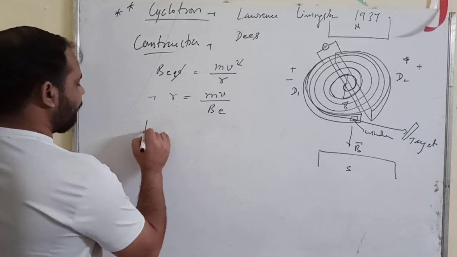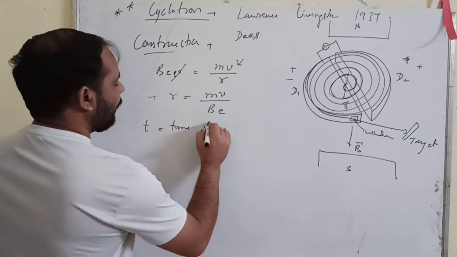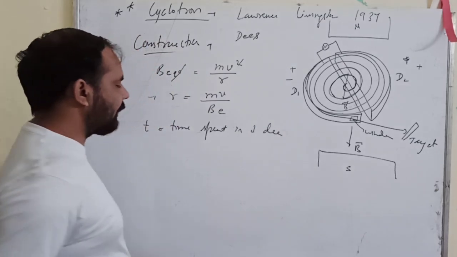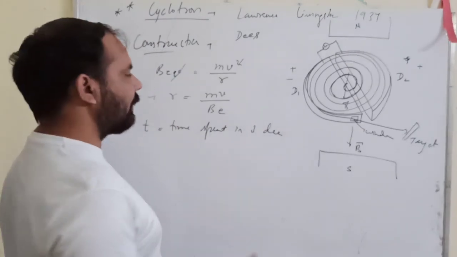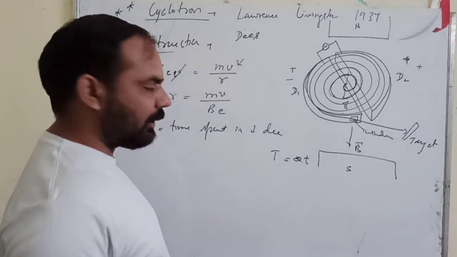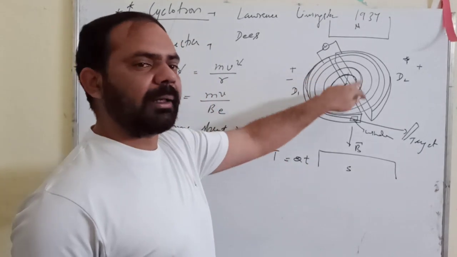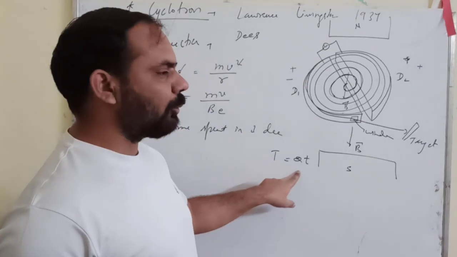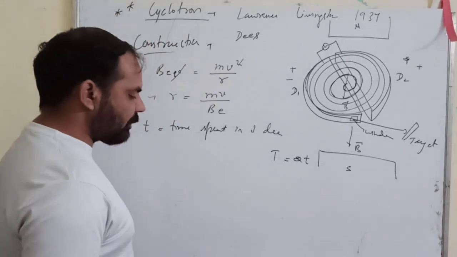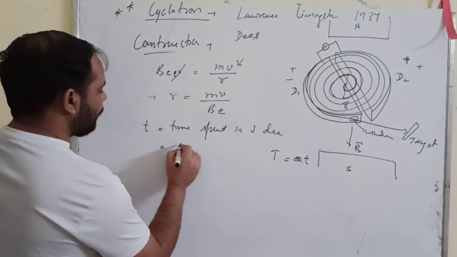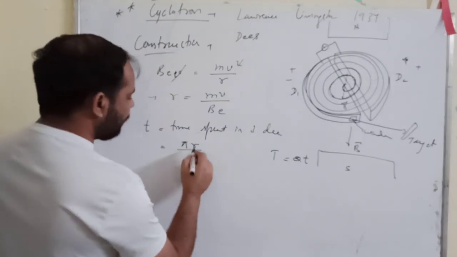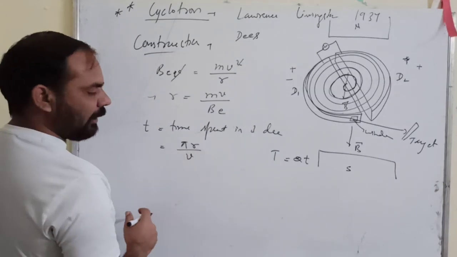Now let us suppose that t is the time spent in one D. Then how much will be the time period of revolution? It will be 2 times t, because for half the time it spends in one D. So how much will this t be? It will be equal to the distance travelled, half of the circumference, upon speed: pi r upon v.